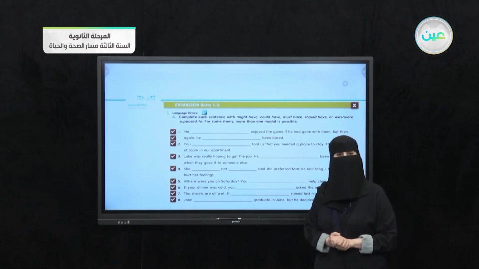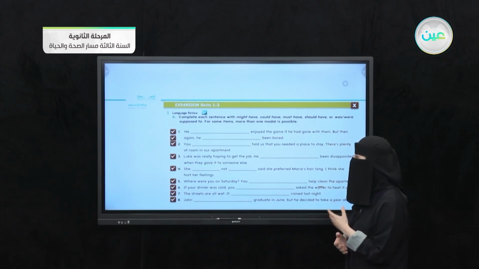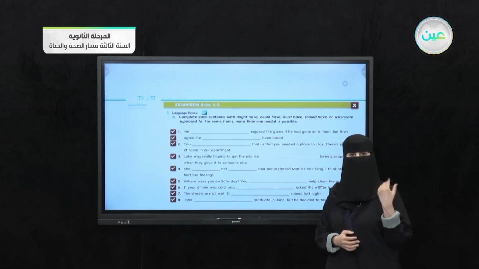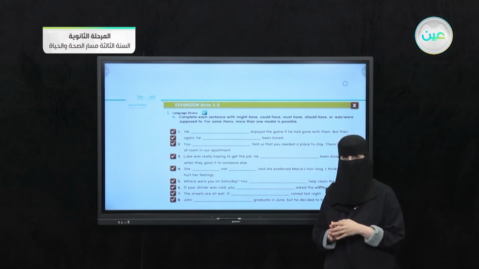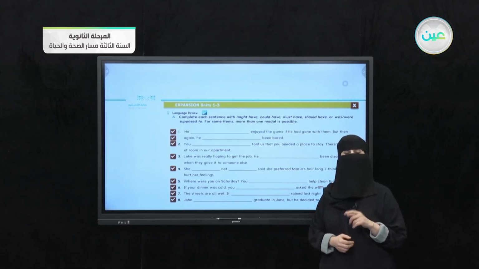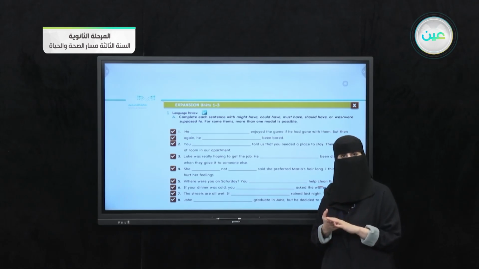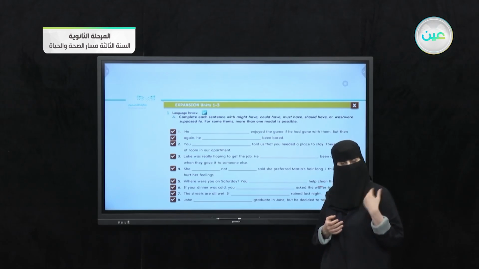So past modals such as might have, may have, should have, must have, and were or was supposed to are used in the past. The structure of it is past modal plus past participle. But I want to notice that past modals are absolutely different from passive modals, and we can use passive modals to give an opinion about a situation that happened in the past.